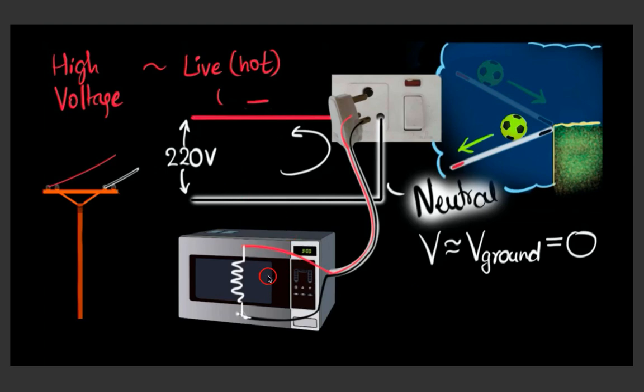So for example, if I have a microwave and I plug it into an outlet, I'm hooking up the black and red wires of the microwave to the neutral and live wires that are hooked up to the outlet, that in turn come from our electricity source.